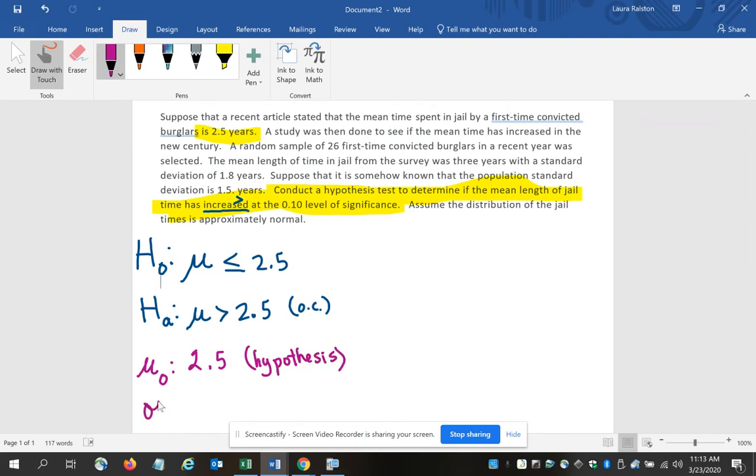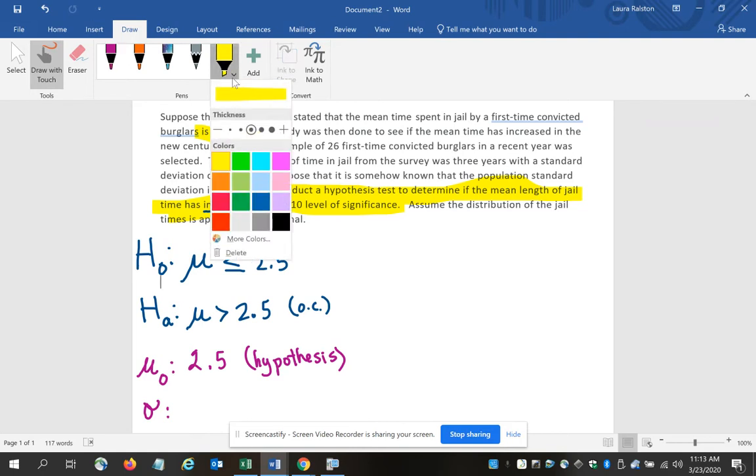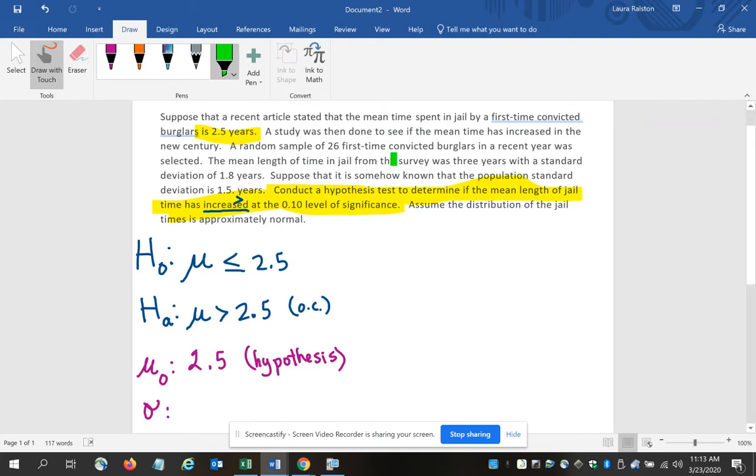You also need the population standard deviation, which is sigma. Now here's where you've got to be really careful in this problem, because when you look through it, you may think, well, I've got 2 standard deviations. And you do. You have the standard deviation for the sample where they tested those 26 first-time burglars, but it also clearly says the population standard deviation is 1.5.